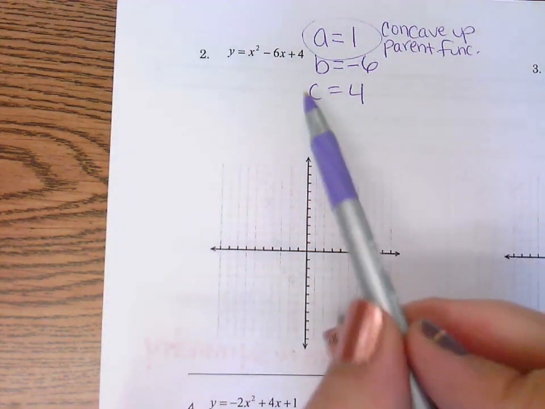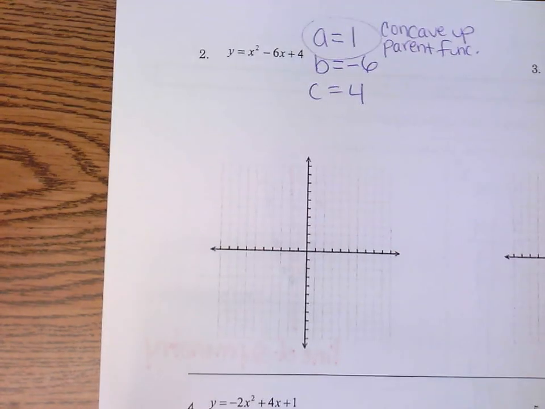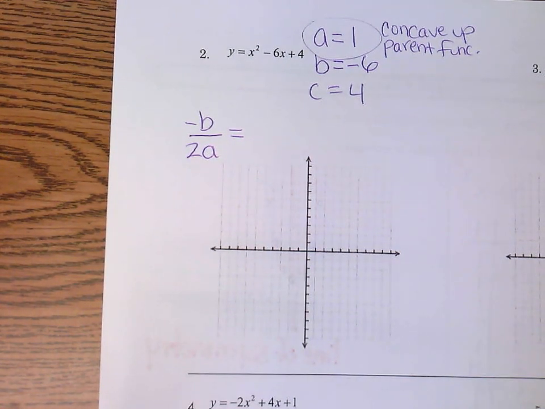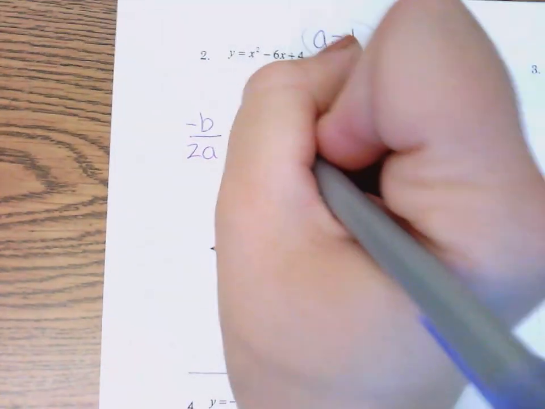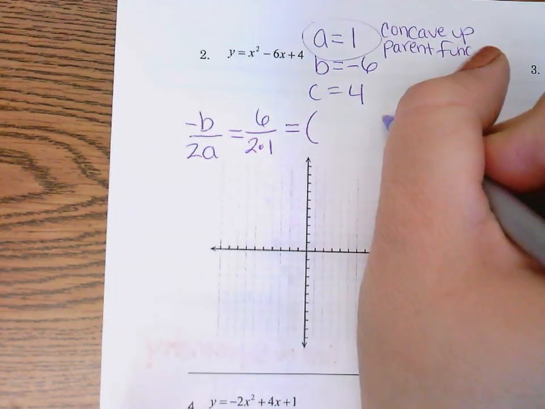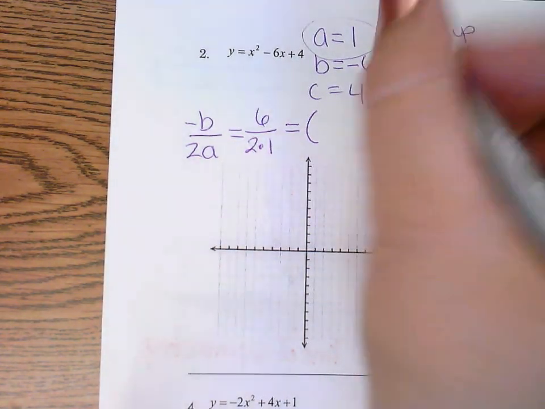The B value, I'm going to do my ABCs. So that reminds me that I want to find my vertex. So I'm going to do negative B over 2A. So let's see, negative B would become positive 6 divided by 2 times 1. So 6 divided by 2 would give me 3.